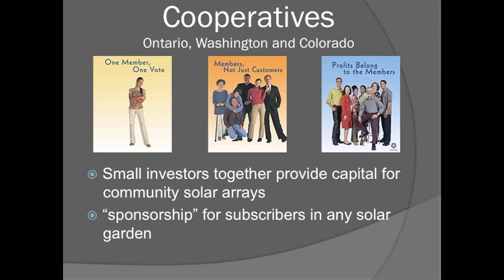The small investors come together to provide the capital for the community solar arrays, and they can actually invest in the subscription of somebody who can't afford to pay up front. So that allows people who are a little bit better off to invest, and people who are struggling to actually be able to gain ownership. And that's going to spread the solar benefits and make them a lot more inclusive.